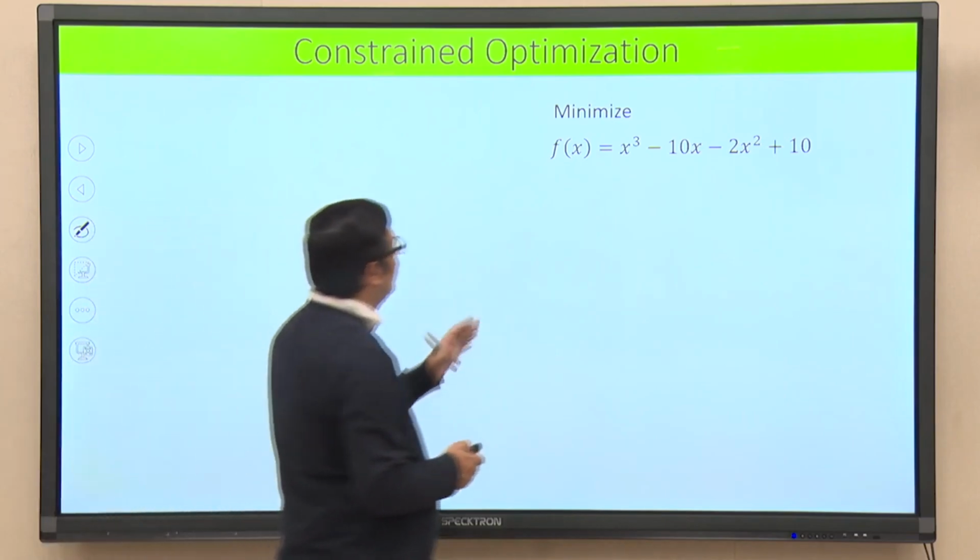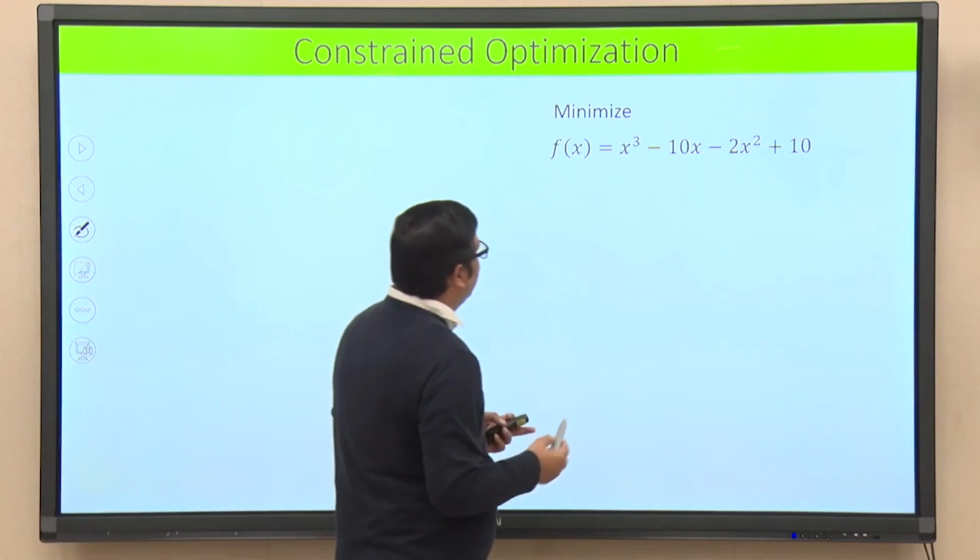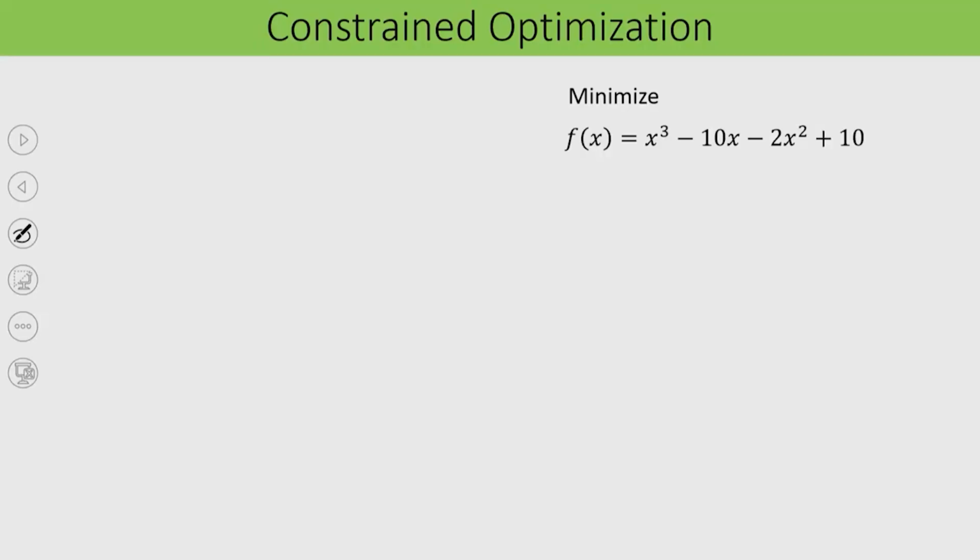The problem here is a single variable function, and we are trying to minimize this function, that is, find the minimum function value. This is a very simple problem.